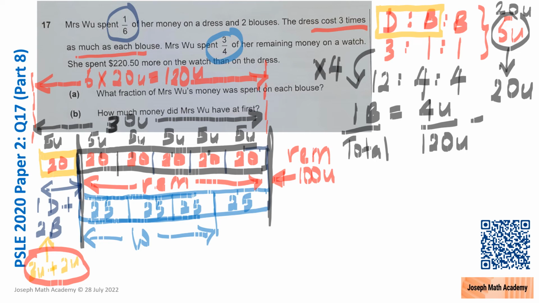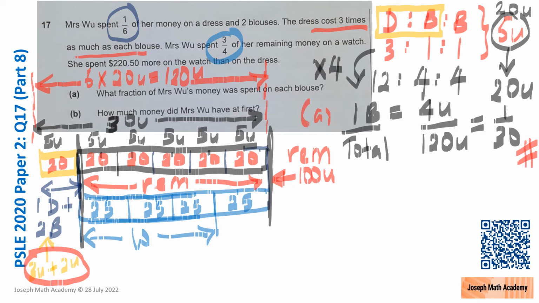So if you simplify this fraction, we have already answered part A. And that is 1 out of 30. Part A is done.